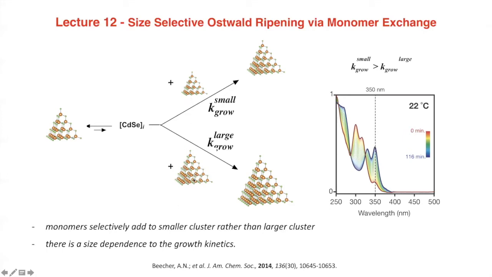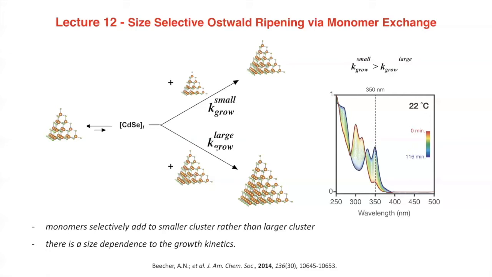They don't seem to react with the large ones. If they did, then you would get the next largest size, which is starting to form here. But for the most part, really, you only go this way. The soluble units do not add to the larger pyramid in this mixture.